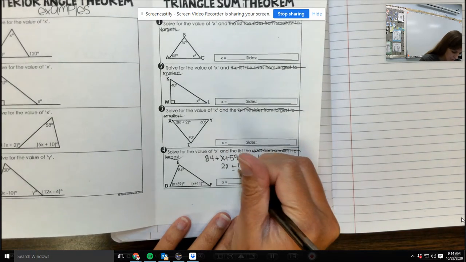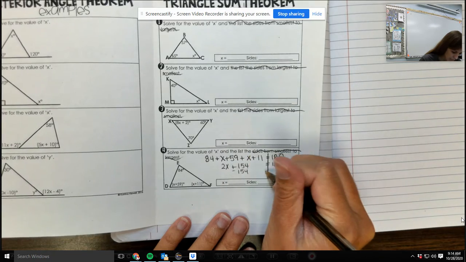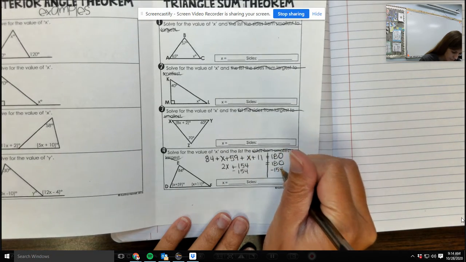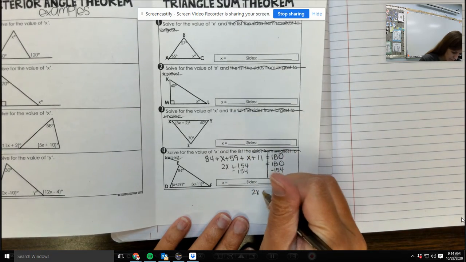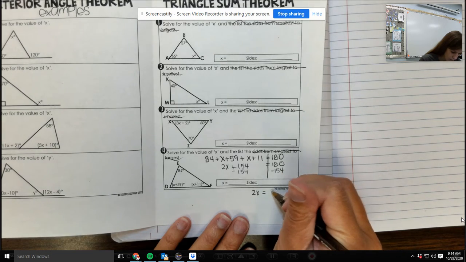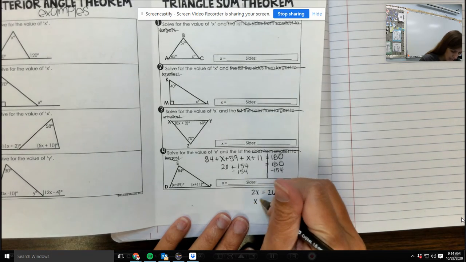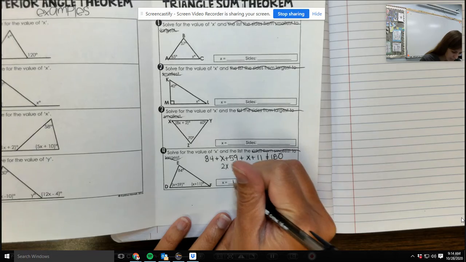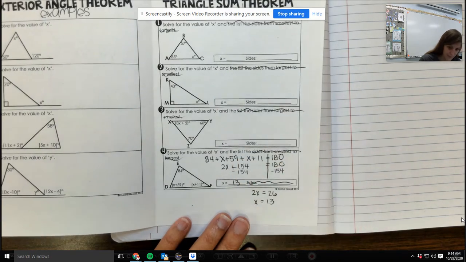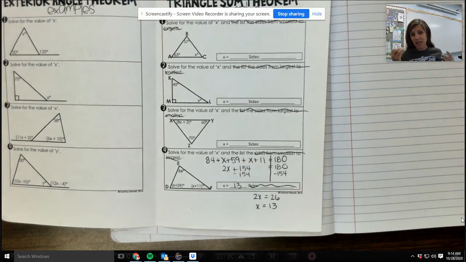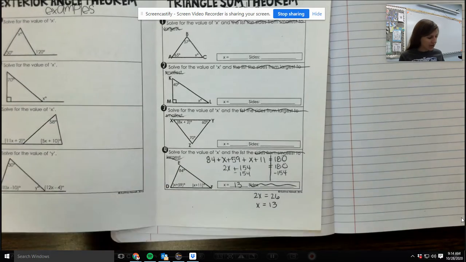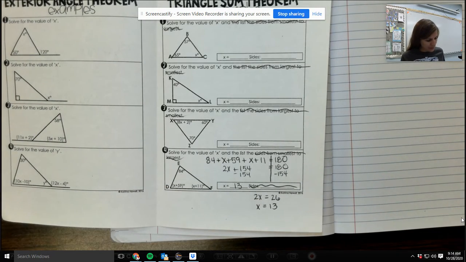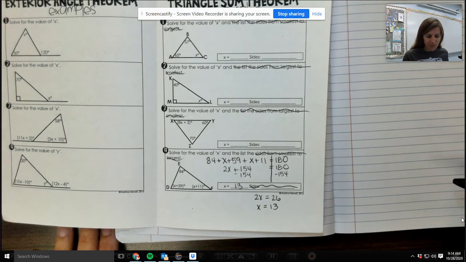And then subtract the 154 on both sides. And so 2x equals 26, and so x will be 13. And again, we don't need to worry about that. Then what I could do is plug the x back in and find each of the angles if I wanted. So maybe I'll leave it at that one.